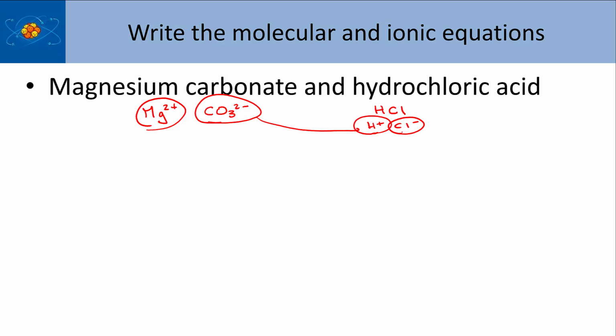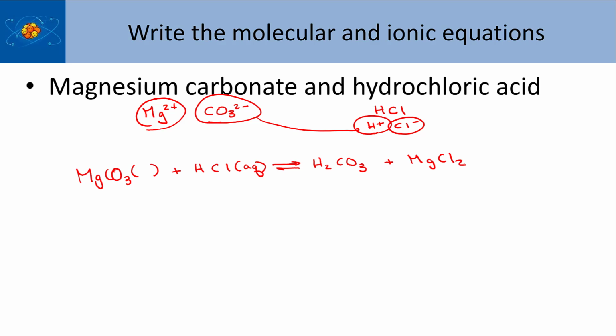So I'm going to have MgCO3 plus, I have to do the states here, plus HCl, which will be aqueous, making, and then my products will be H+ and CO3 2-, so I need two positives, H2CO3, and then MgCl2.